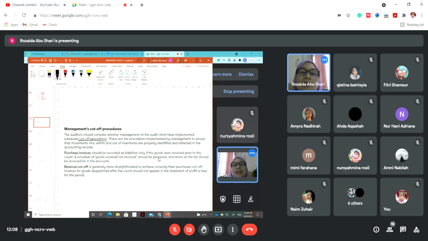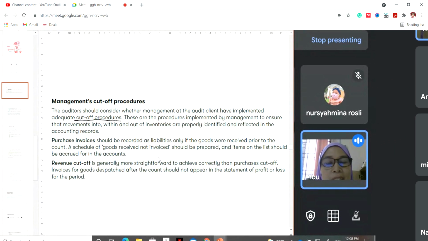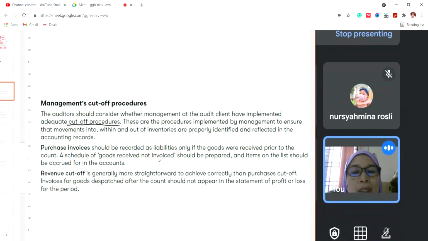So means that maybe the words that they use is not cut-off, but from the point of view of the auditor, what is actually the cut-off procedure means that you must look at whether the management has taken enough procedures for recording the transaction at a proper period. So the procedures implemented by management to ensure that movement into, within or out of the inventories are properly identified and reflected in the accounting period.